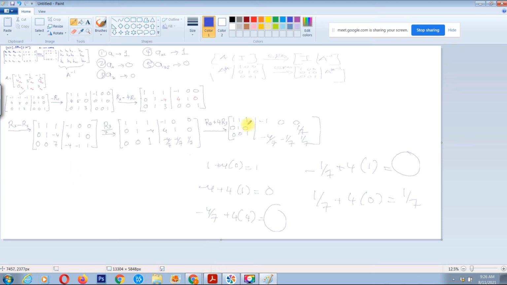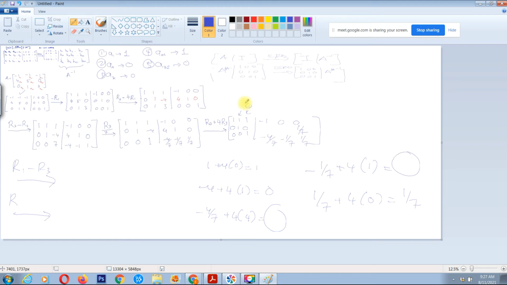The next step, you need to make this 0 and then this 0. That is how to make this 0. So R1 minus R3, and then another one, we want R1 to change this element.